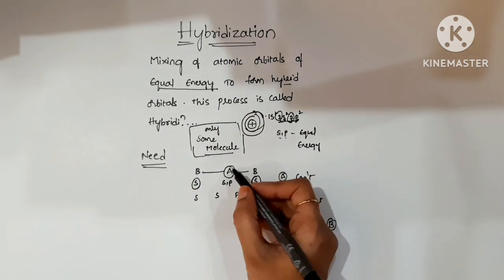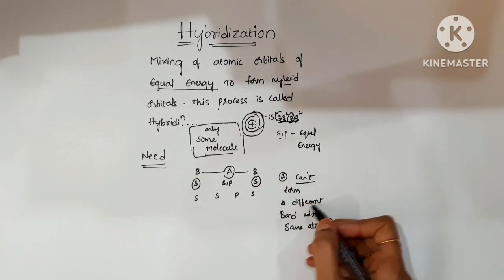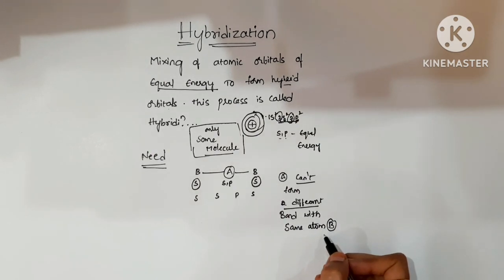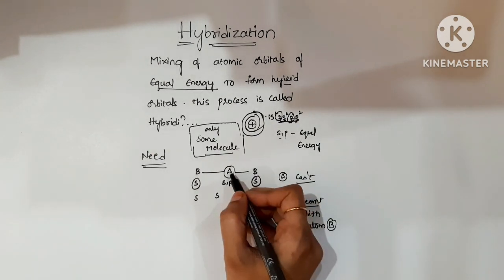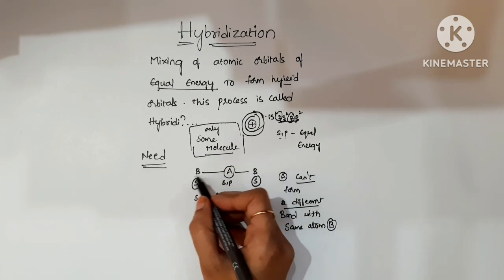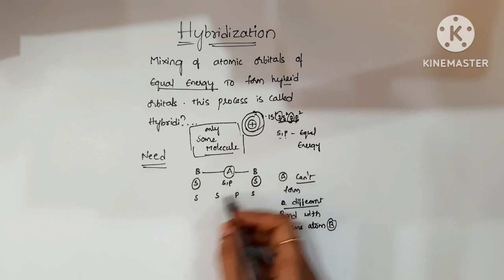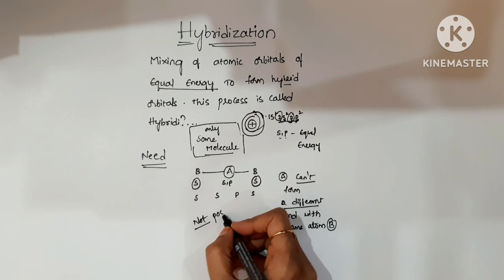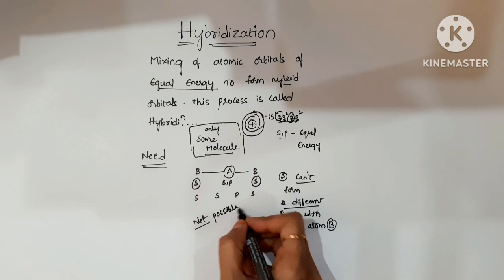So A atom cannot form two different bonds with the same atom B, right? Here a different bond, here a different bond, but with the same atom. This is not possible. Why?